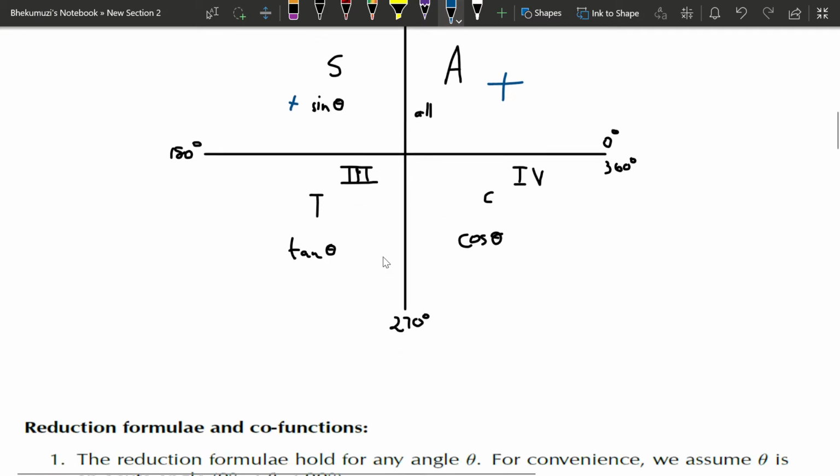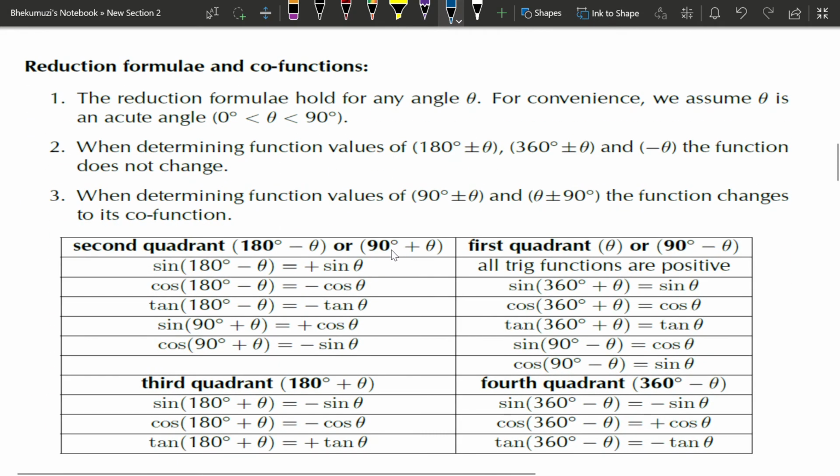But now, how do we use this observation? In the first quadrant, all trigonometric functions are positive. When we look at the second quadrant, if we have a specific angle theta and we say sine of 180 minus theta, that gives us a positive sine theta.